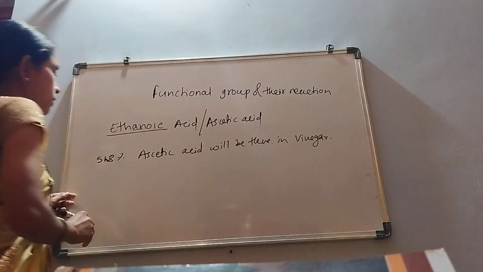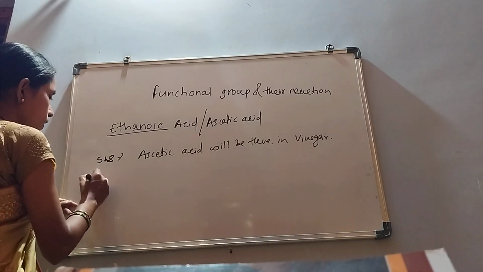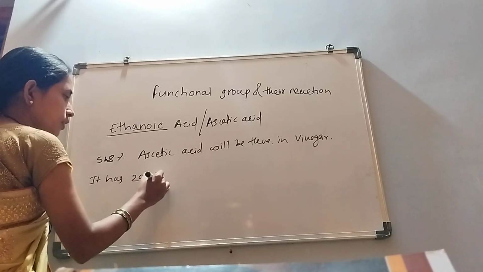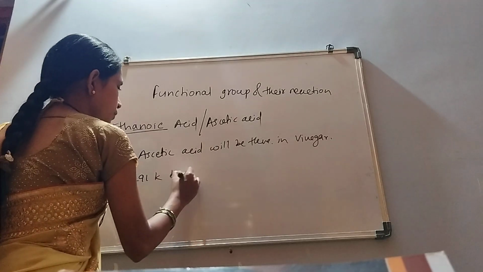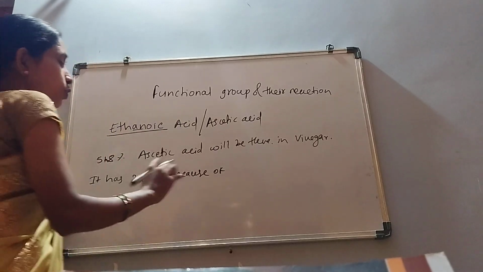And why do we call ethanoic acid glacial acetic acid? Because ethanoic acid has a melting point of 291 Kelvin, and because of that it freezes in winter in a cold climate.